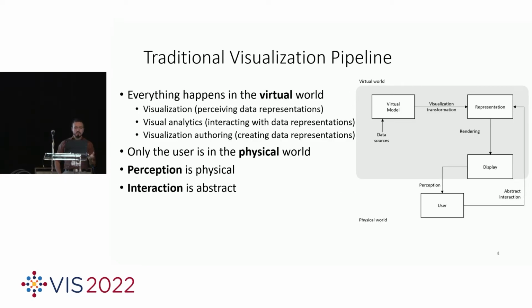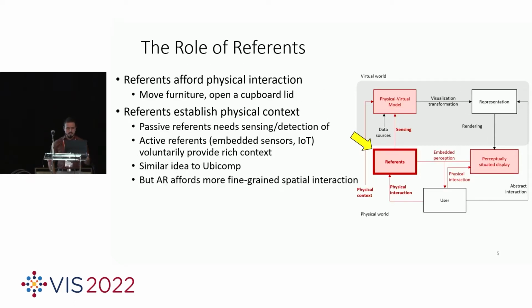In the traditional pipeline, the user remains in the physical world, and he only interacts with a 2D or purely virtual world like a display on a screen. If you take this pipeline into situatedness, then suddenly we get a perceptually situated display like a HoloLens, for example, and we get reference.